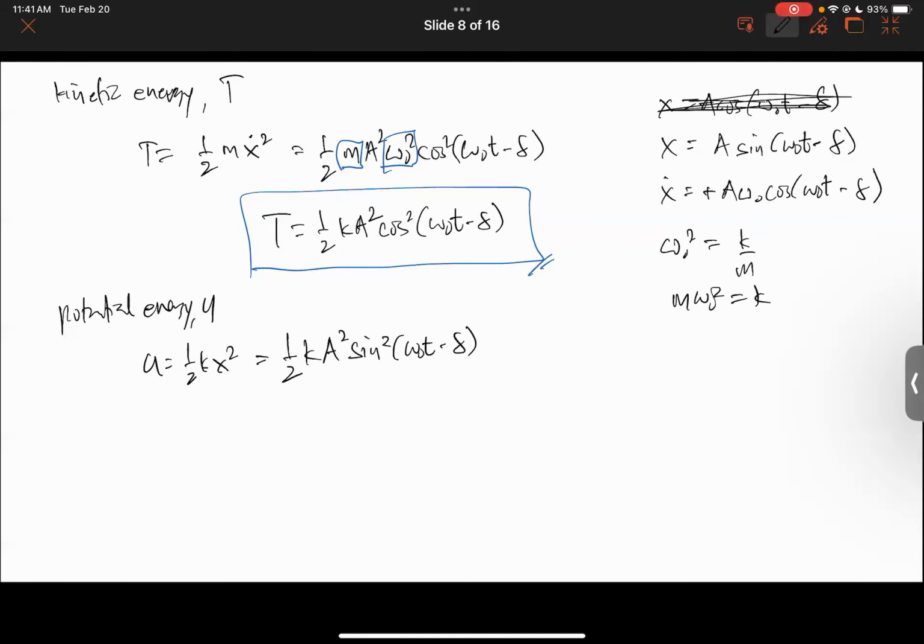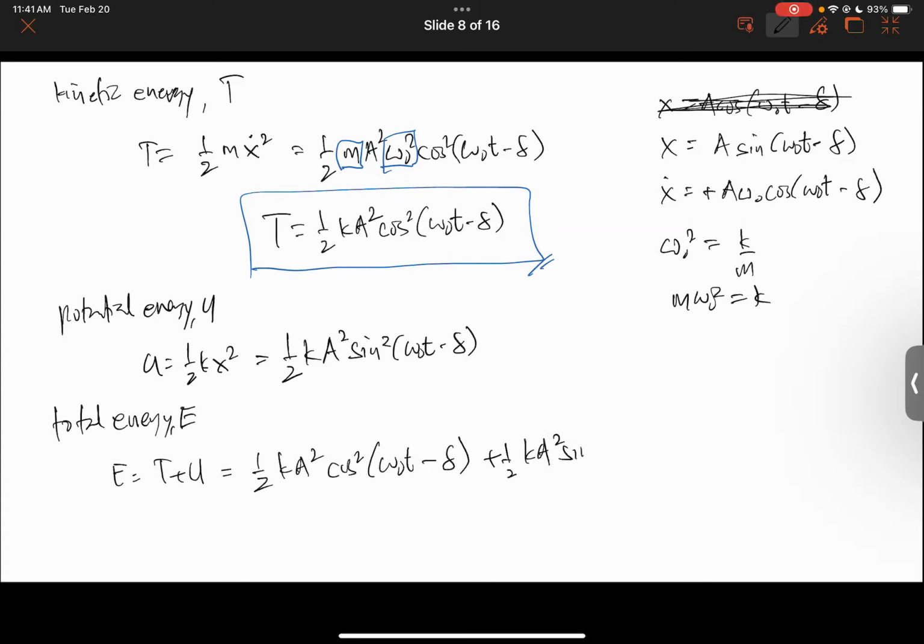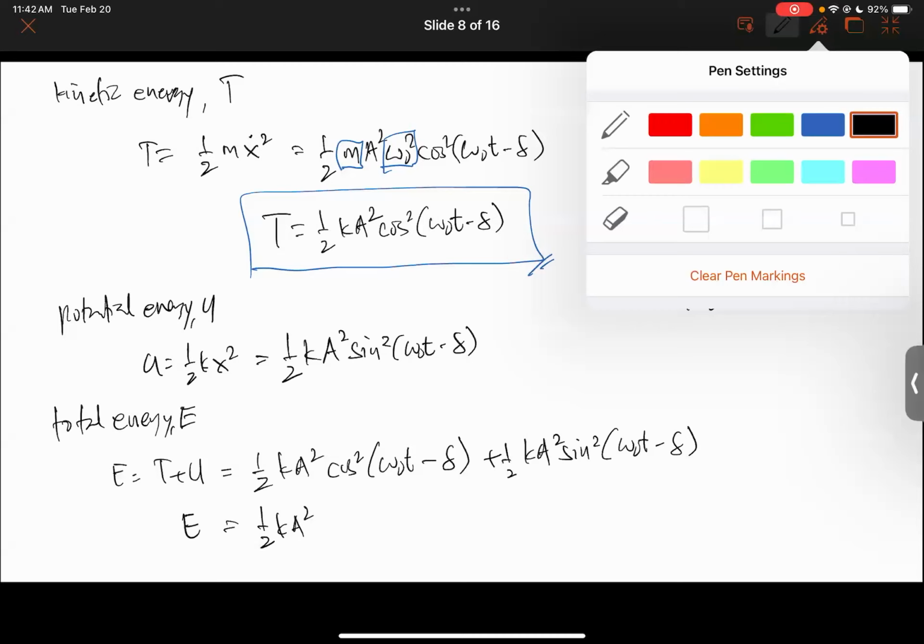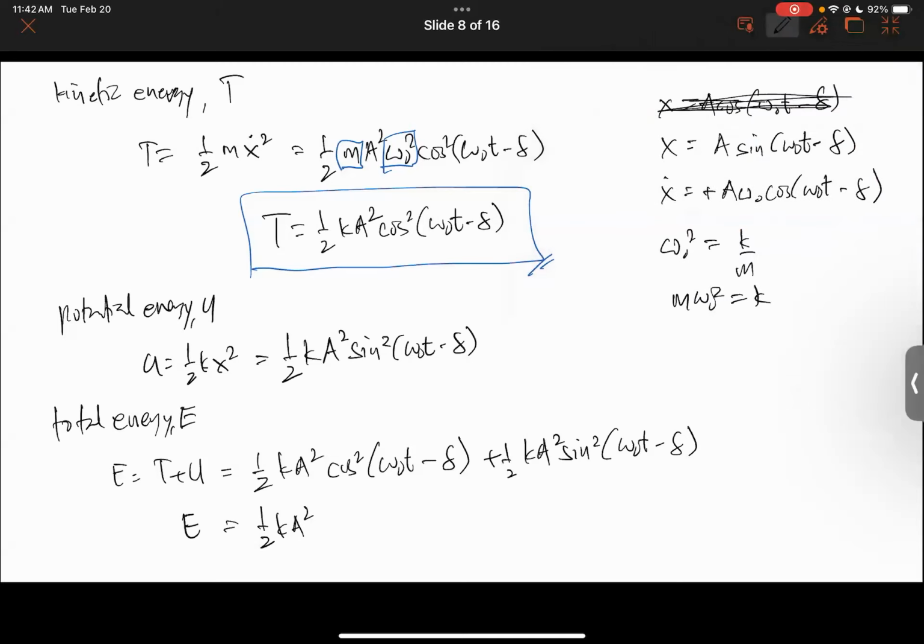Okay, and if we get the total mechanical energy, so E equals T plus U, this will give us 1/2 ka squared cosine squared omega naught t minus delta plus 1/2 ka squared sine squared omega naught t minus delta, or since yung cosine squared plus sine squared will just be equal to 1, we'll have E is equal to 1/2 ka squared.